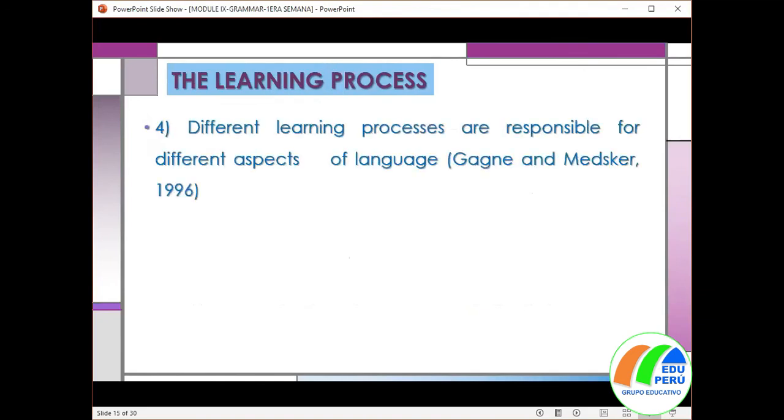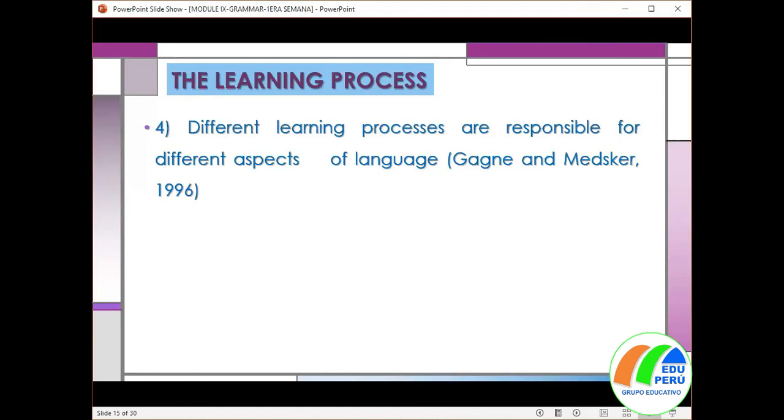Different learning processes are responsible for different aspects of language. It was said by Gagné and Metzger. Again, these are famous linguists and investigators on how to acquire or learn languages. So here they say that different learning processes are responsible for different aspects of language.